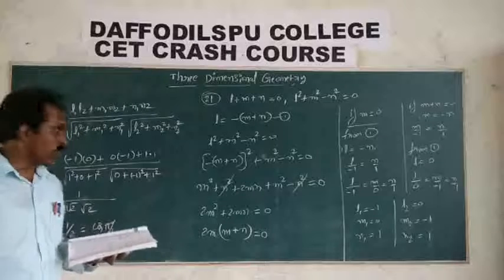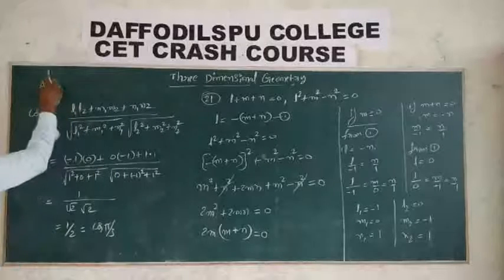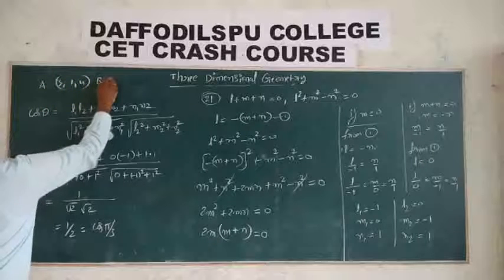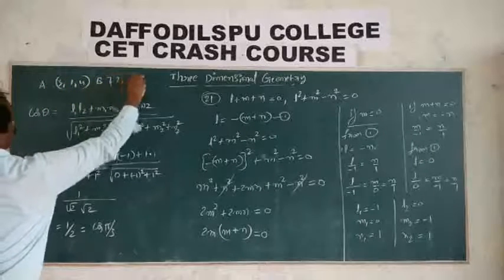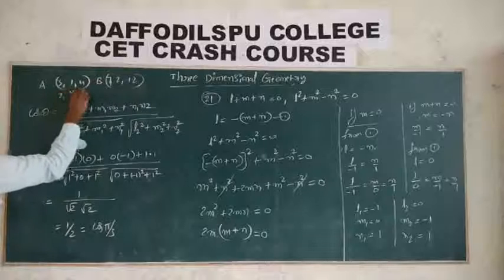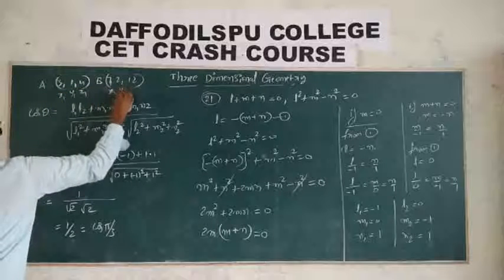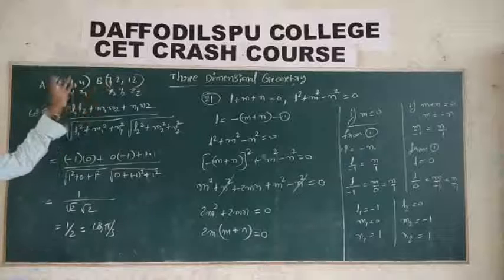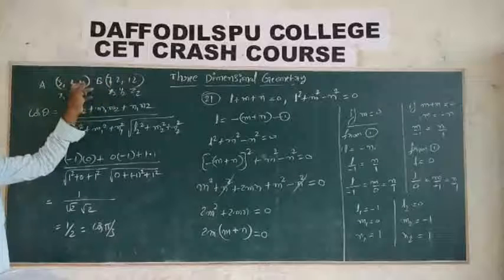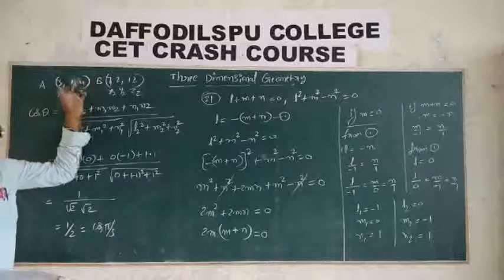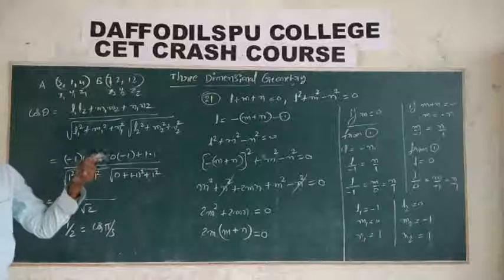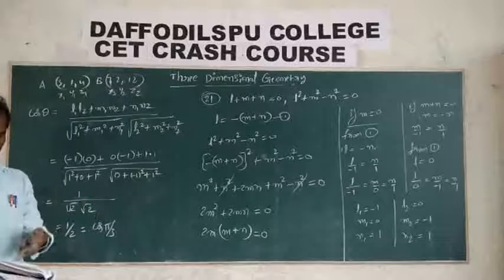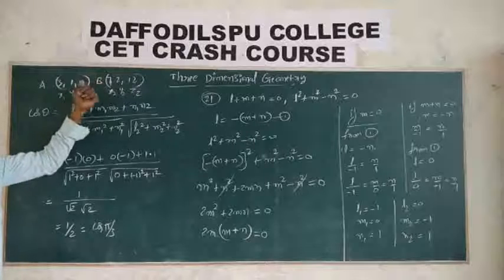A is x1 y1 z1, point 3, 1, 4, B point 7, 2, 12, x2 y2 z2. So find out first of all direction ratios of AB: 7 minus 3, x2 minus x1, 2 minus 1, 12 minus 4. Okay. Then direction ratios are a2, b2, c2. First direction ratios are given 2:3:1, a1, b1, c1, and find from this a2, b2, c2.